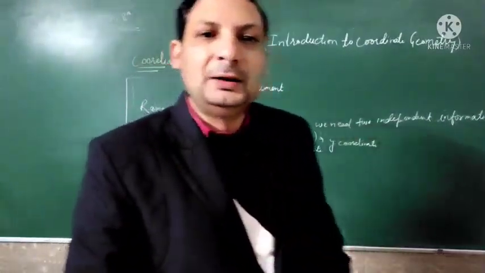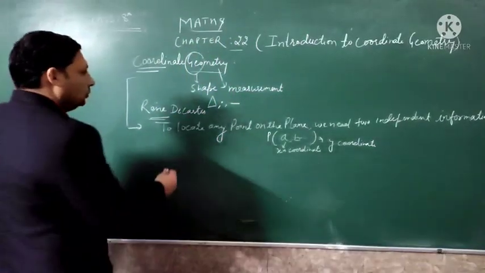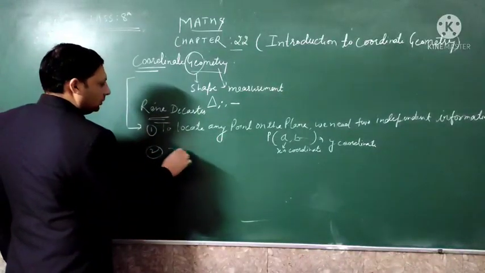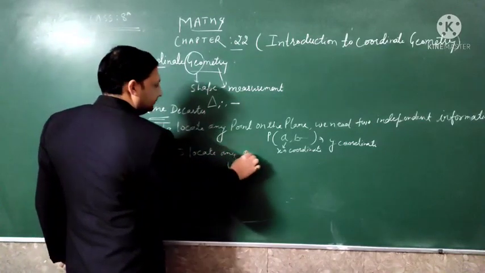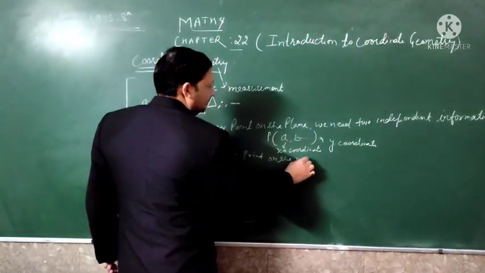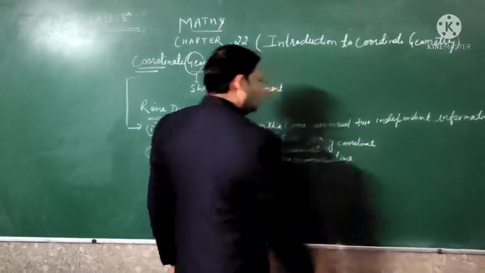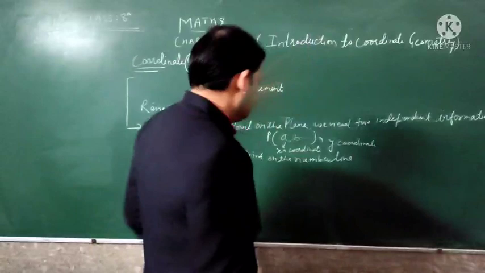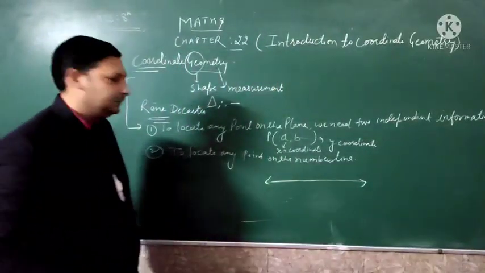Before starting coordinate geometry, you have studied many times how to locate any point on the number line. Suppose we have to locate a point on the number line. You have studied this in previous classes many times. This is called a number line.